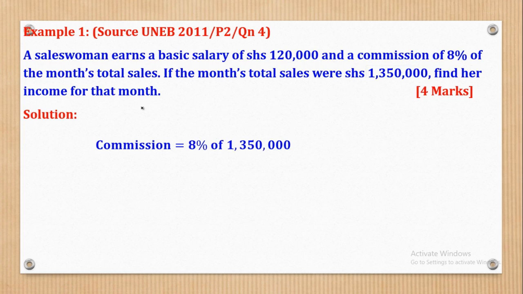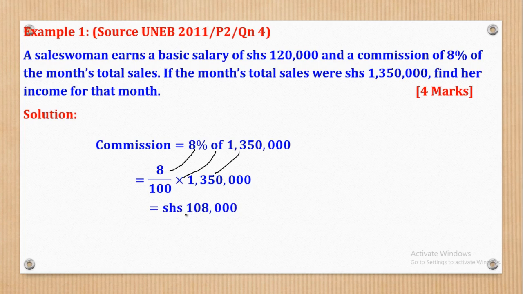We have to remember that 8% means 8 over 100, and of means multiplication. So we shall substitute and get 8 over 100 multiplied by the total sales, which is 1,350,000 shillings. When you multiply, you shall come up with a value of 108,000 shillings.